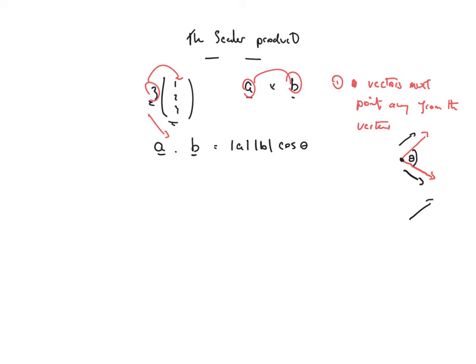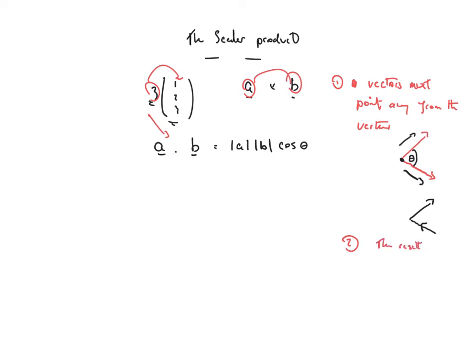So what you couldn't have is something like that, because what we've got there is one vector pointing away from the vertex and one pointing towards. It needs to be like this. Okay, that's point 1.